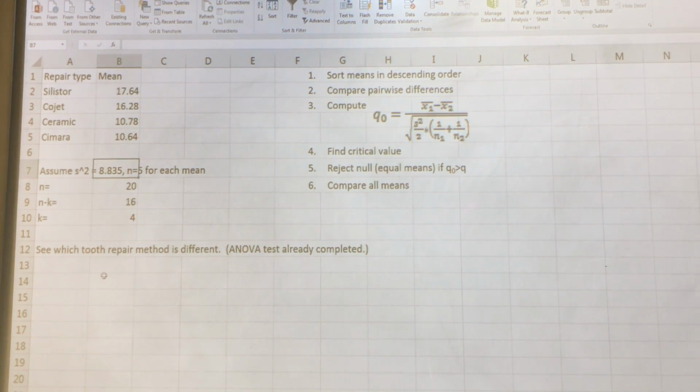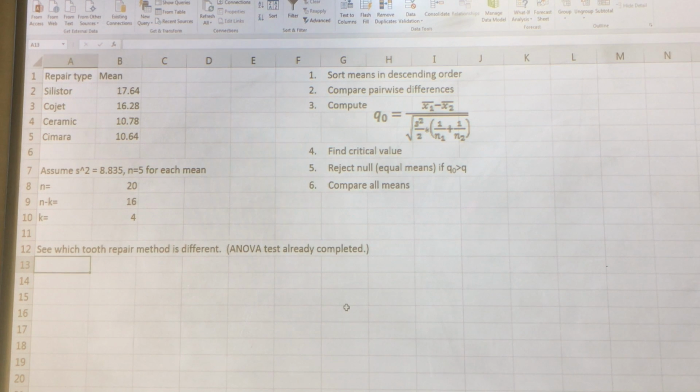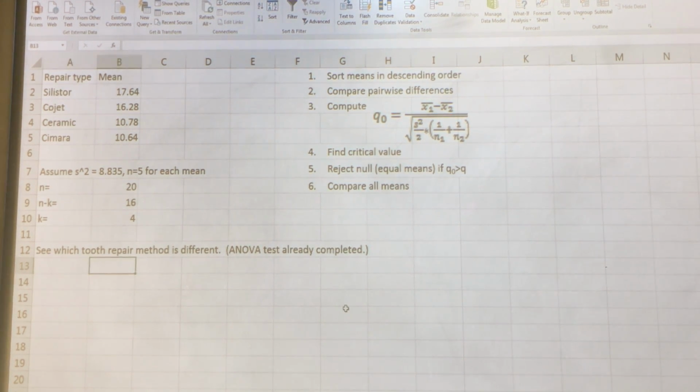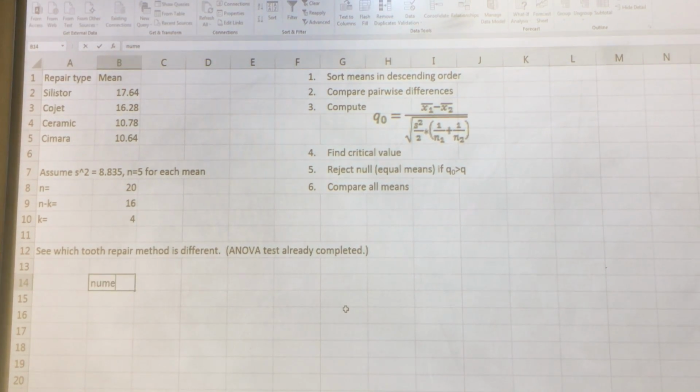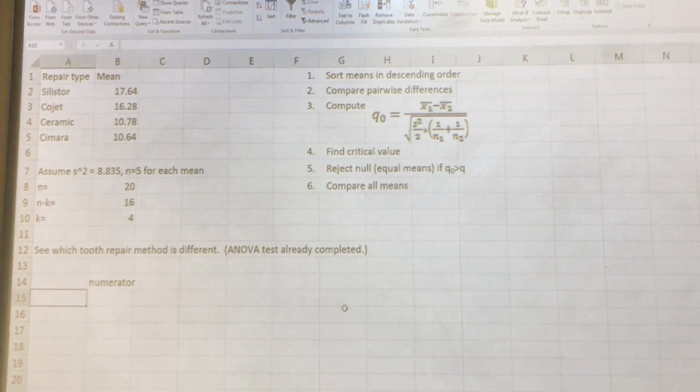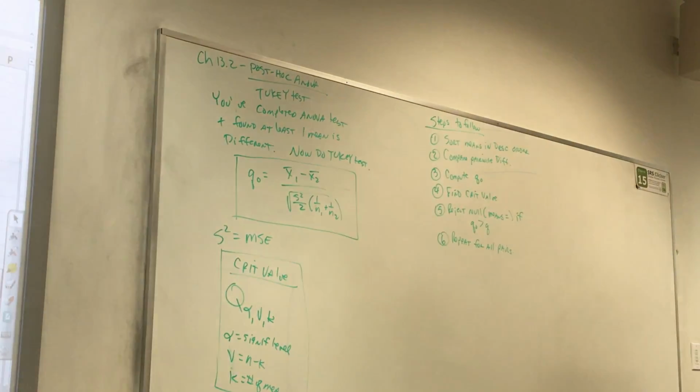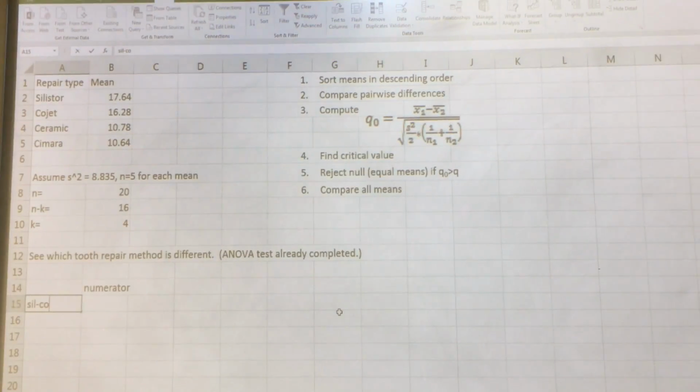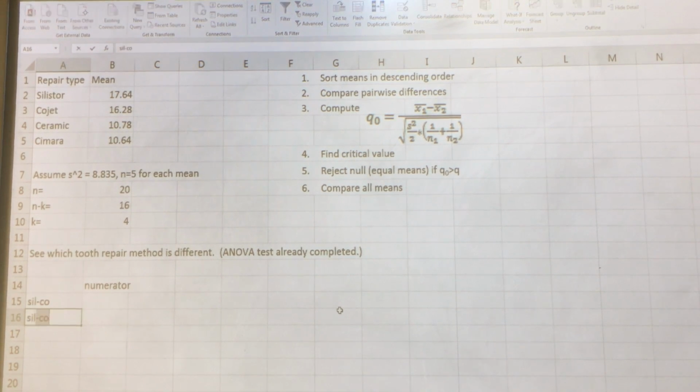All right. So the next thing I want to do is compare the pairwise differences. So I'm going to put the numerator here, and let's talk about the pairwise differences. As we look at our numerator, I'm going to do the Sillistor minus the Cojet. And then the Sillistor minus the ceramic.